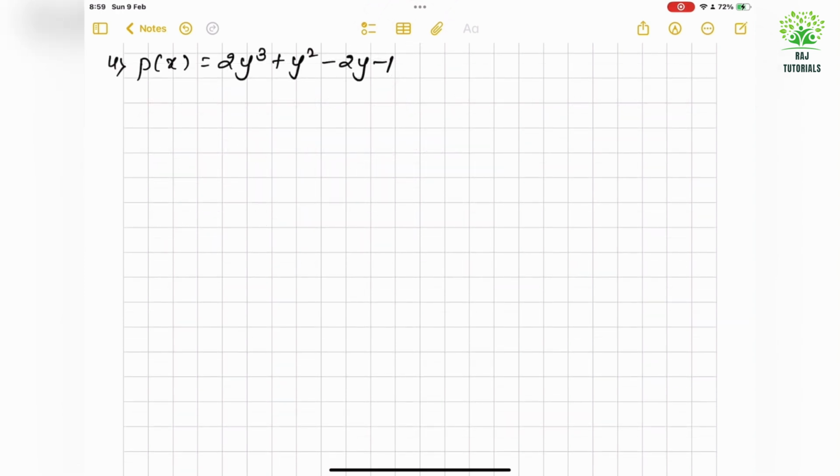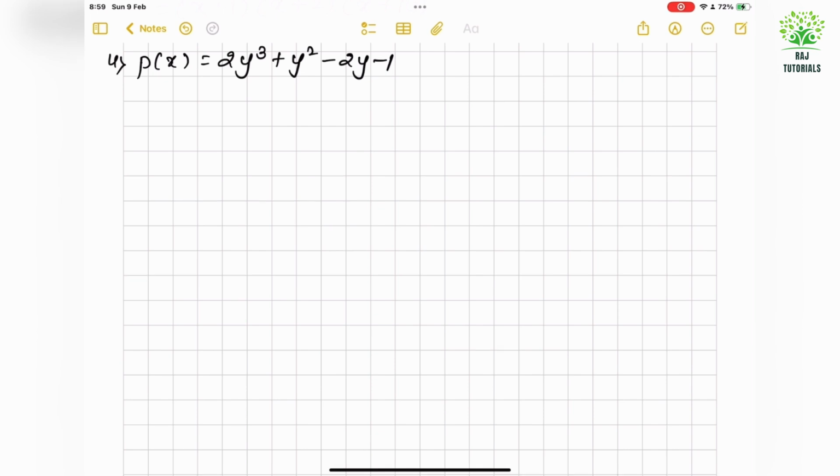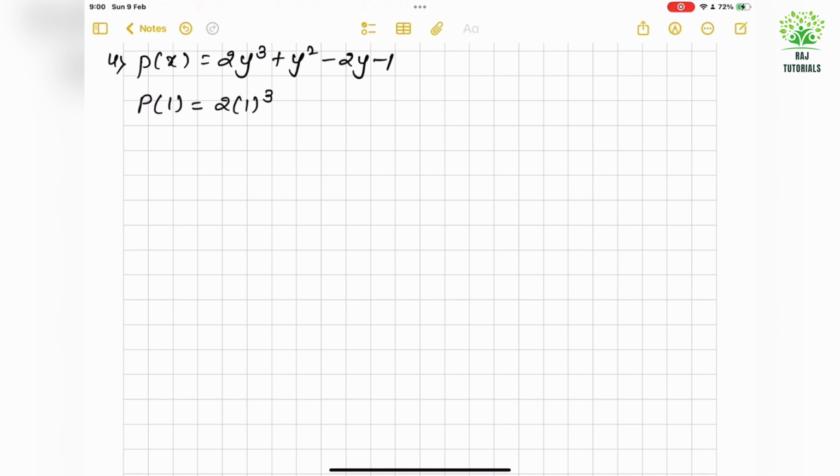The fourth one says P of y equal to 2y cube plus y square minus 2y minus 1. So here also, using the trial and error method, if I find P of 1, I will get 2 into 1 cube plus 1 square minus 2 into 1 minus 1.